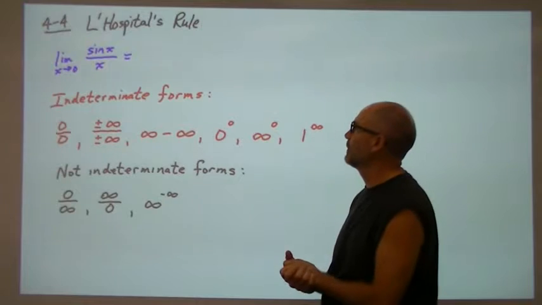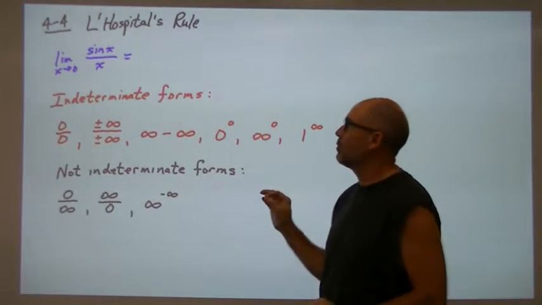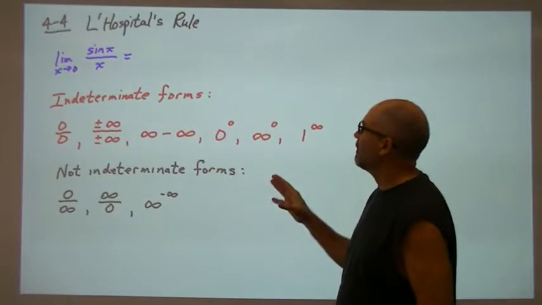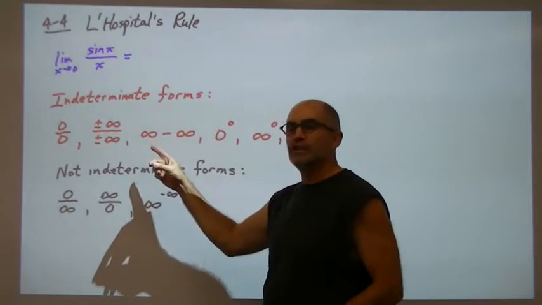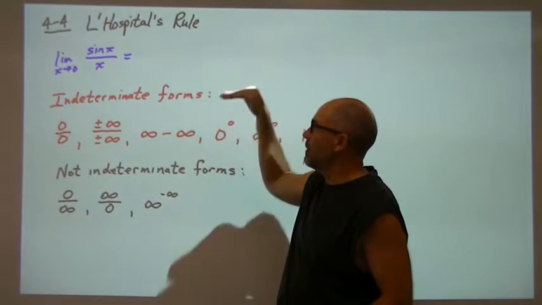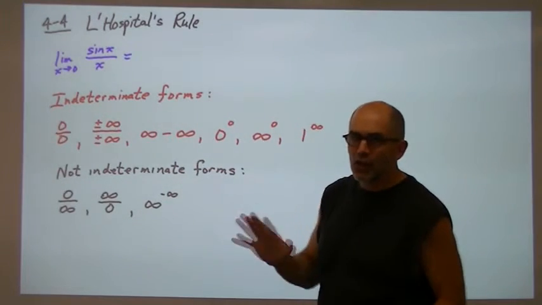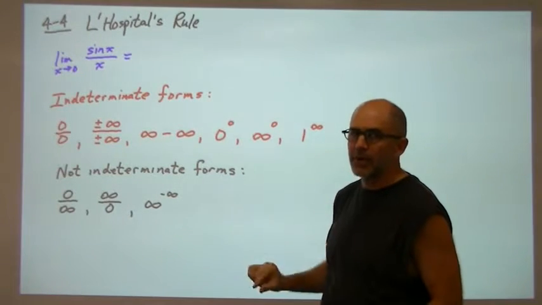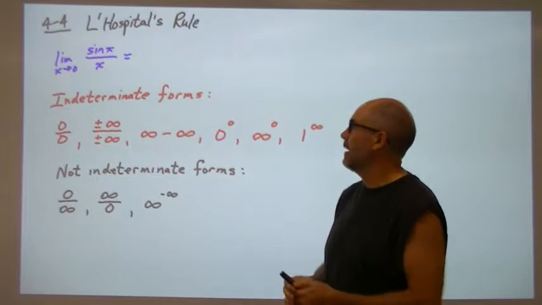Okay, so L'Hôpital's rule basically says that anytime you have a limit of an indeterminate form, then you can simply take the derivative of the top and the derivative of the bottom. Now that's not the quotient rule, that's just the derivative of the top and derivative of the bottom, then evaluate the limit.